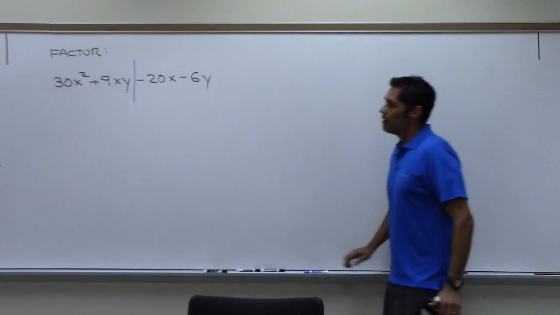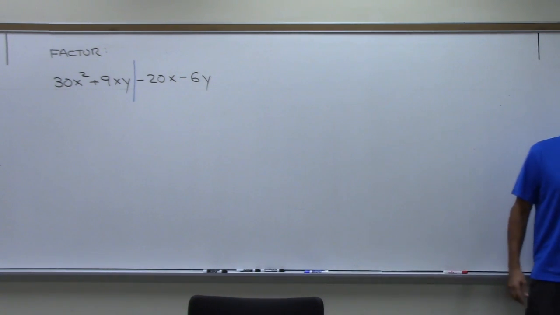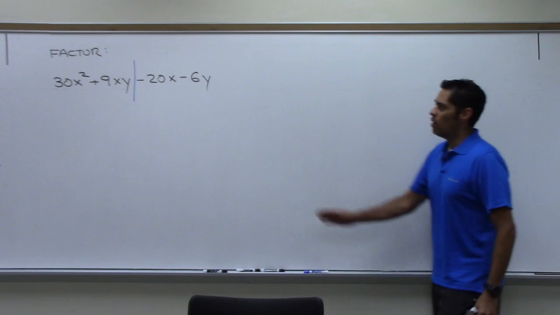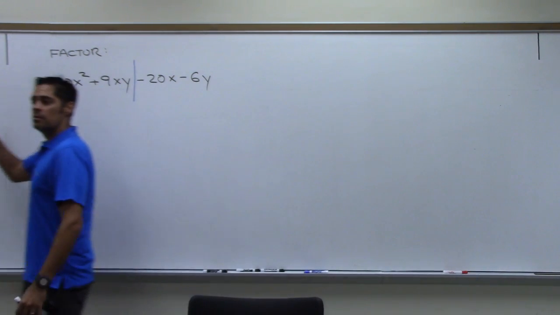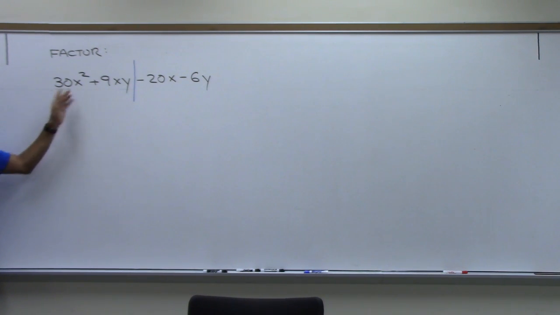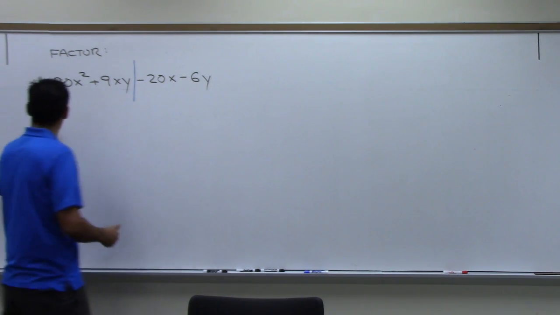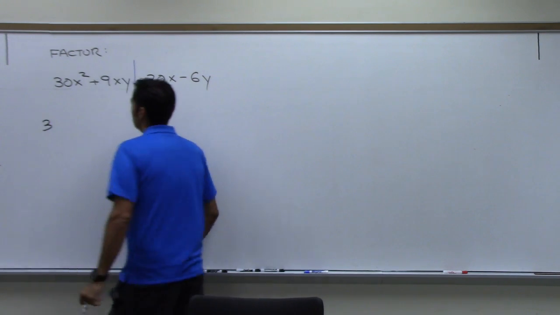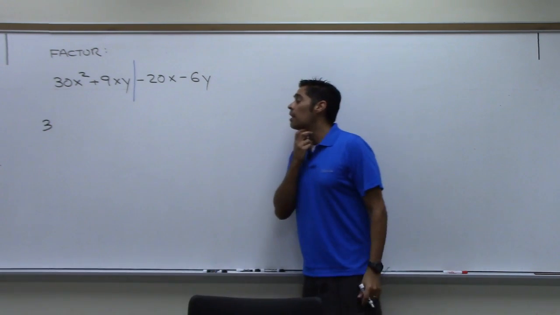Okay. All right, so what do we do on the first 2 terms? We do GCF on just the first 2 terms. So do we have a number that goes into both of these? The largest one you can find is 3, so we put a 3 here. And then we look at the variables, x.